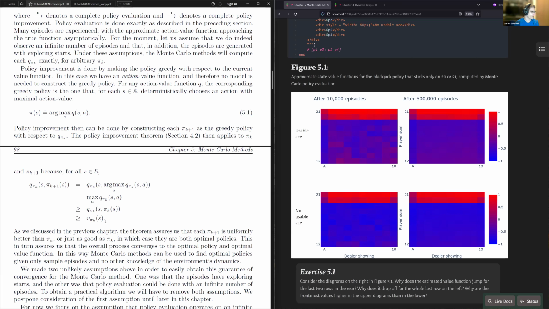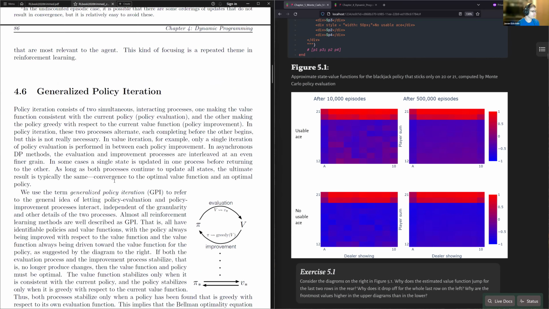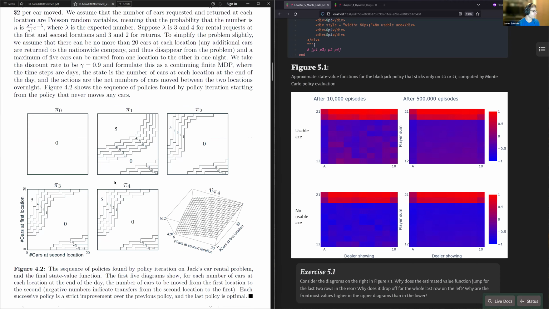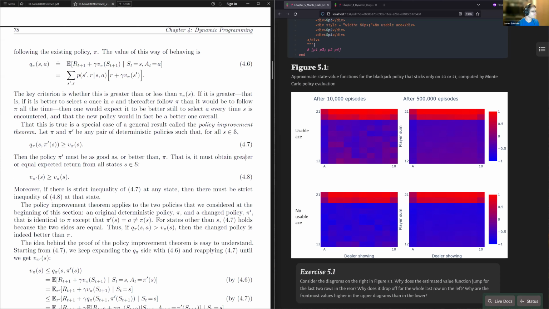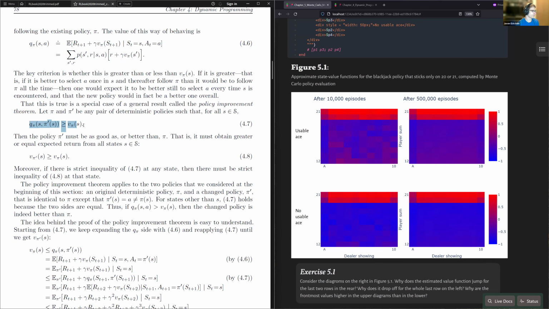And this was the criterion required by the policy improvement theorem, which was in this chapter. The theorem stated that if we construct some new policy where the action value estimate at that state, taking an action under the new policy, is greater than or equal to the value of the state under the old policy, then that implies this is true, and it's proven down here.